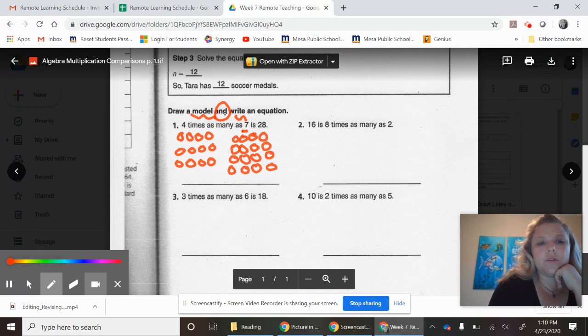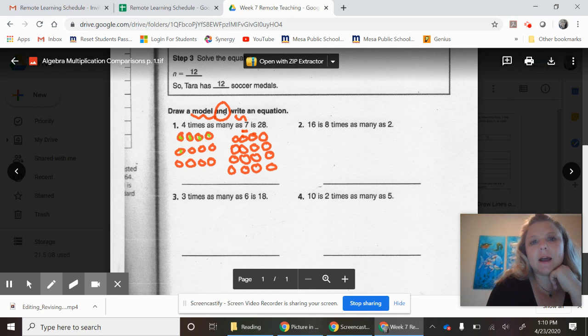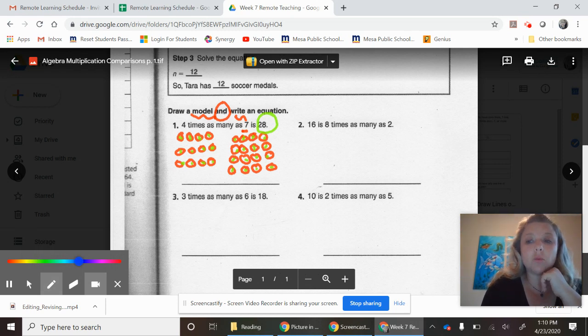Now, if I were to go through and count all of these, 1, 2, 3, 4, up to 28. That's how I got 28. Now, so this would be my picture representation, but then I also have to write an equation.